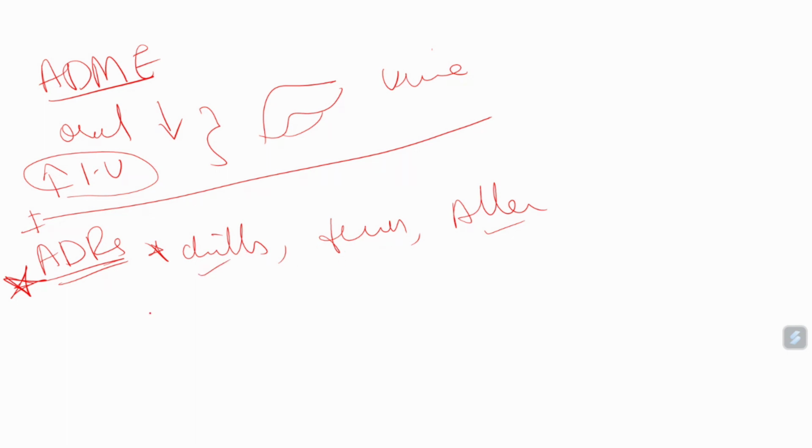Next, another very important point: when fludarabine is given, it will cause opportunistic infections. This is especially seen with fludarabine. With other drugs also that can be seen, but with fludarabine this is very important.